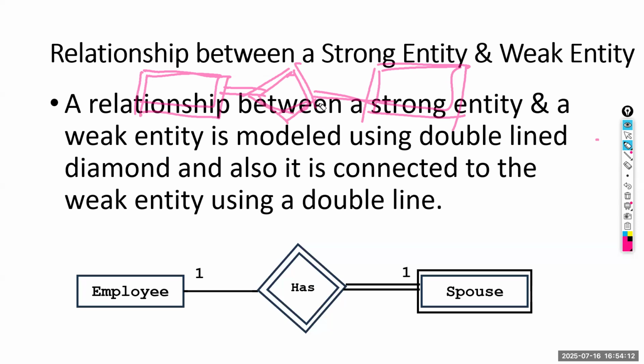So can't we have a relationship between two weak entities? Or is it very rare, so we hardly have this kind of relationship model? Think about it. I will give you another 30 seconds.